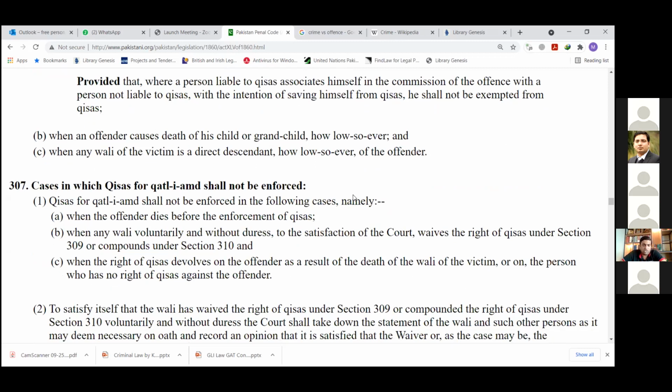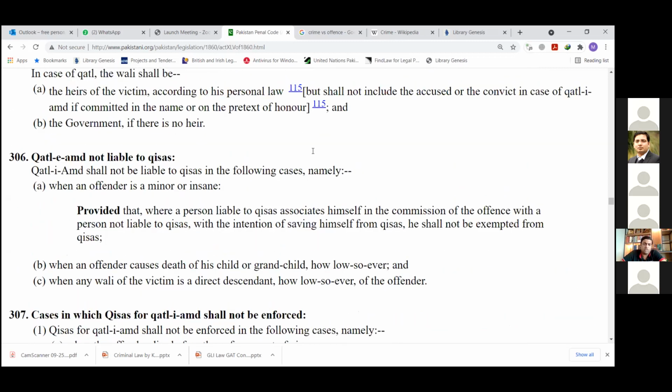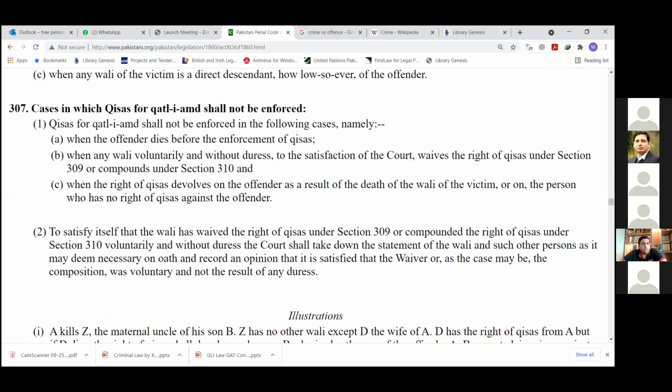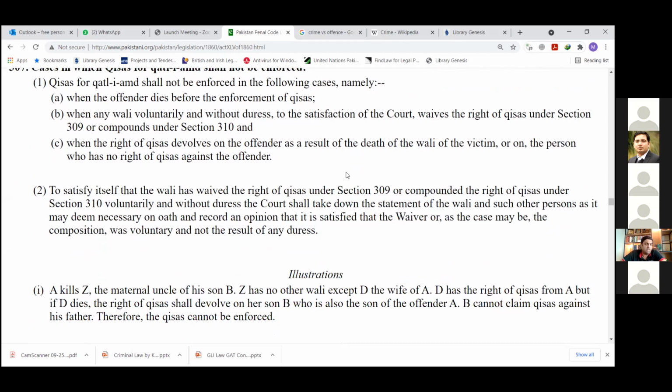Which means if a man kills his father or a father kills his son, Qisas cannot be enforced. There are three cases in which Qisas shall not be enforced: if the offender dies, if the Wali voluntarily and without duress waives the right of Qisas, or the right of Qisas devolves upon the offender.